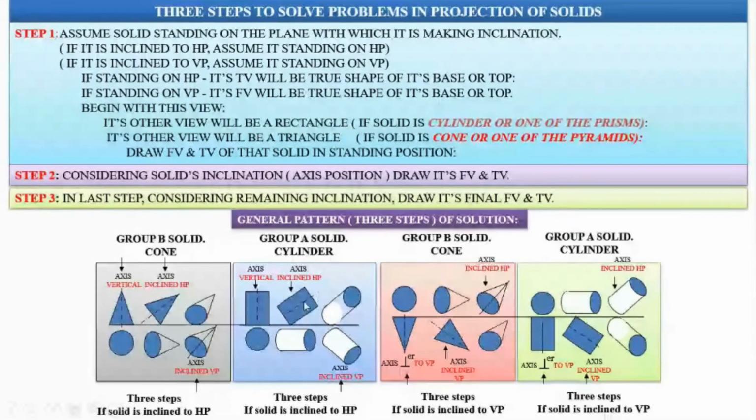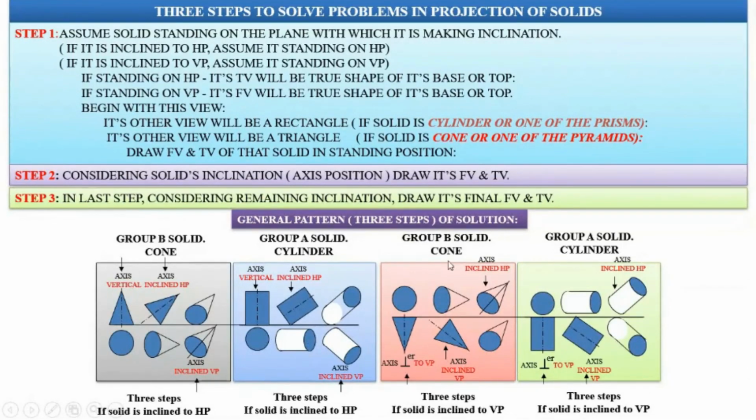The only difference is the orientation has changed. In the first part, one edge of the rectangle was coinciding with the XY line, but here only a corner of the rectangle is resting on the XY line. And the top view has changed. In the first part it is a circle, but in the second part it is an elliptical shape as well as some other shape.